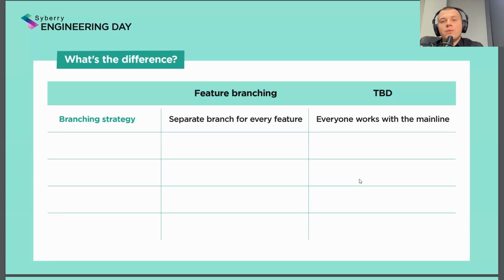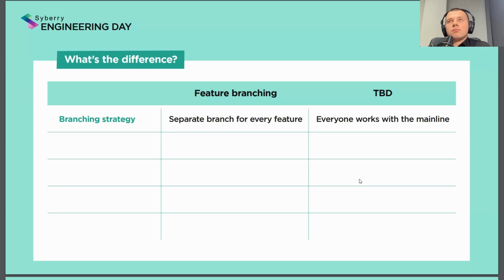This approach allows developers to work on multiple features simultaneously without interfering with each other's work. In contrast, trunk-based development involves making all changes directly to the main line, reducing the need for complex branching, merging processes, and so on.